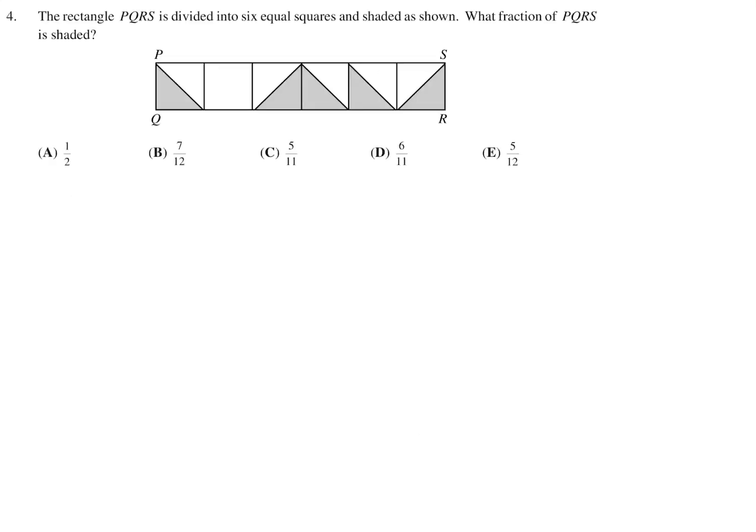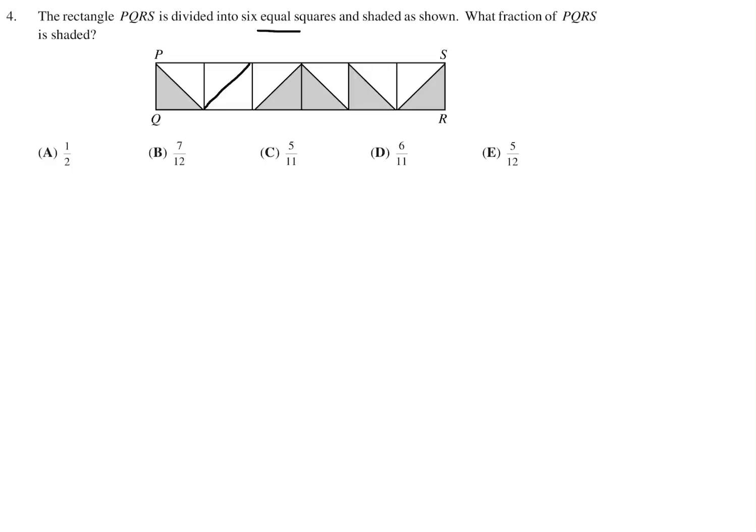The rectangle PQRS is divided into 6 equal squares and shaded as shown. What fraction of PQRS is shaded? So I'm assuming there's no tricks here. They're all equal. So if we draw a line from here to here, this divides the entire diagram into triangles.